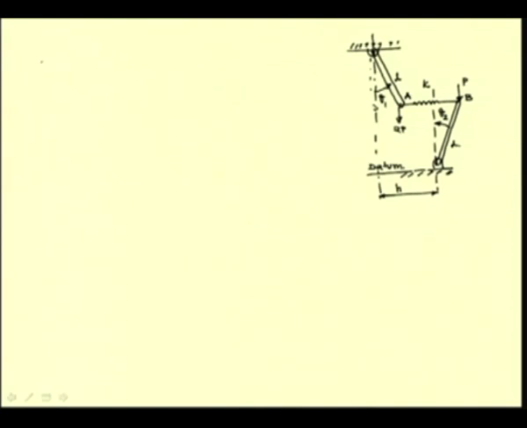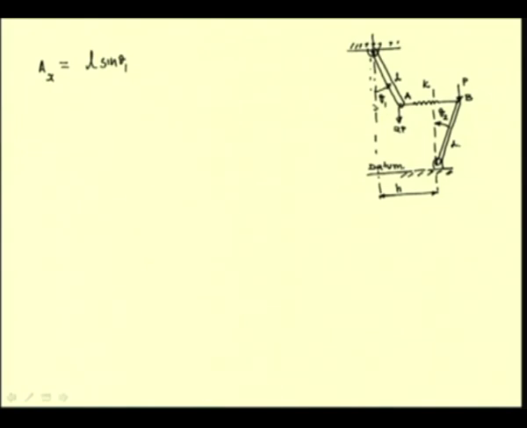So, we can write Ax, the horizontal distance at which this point A is located, as L sin theta 1. This is the length of the link and theta 1 is the angular displacement of this link.